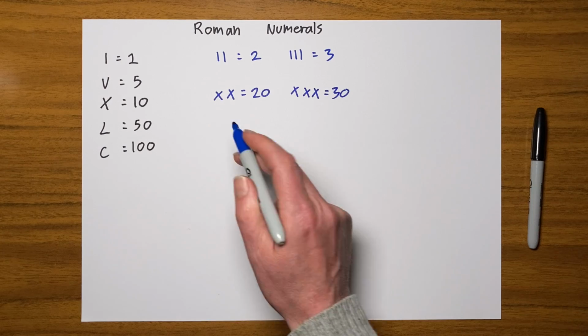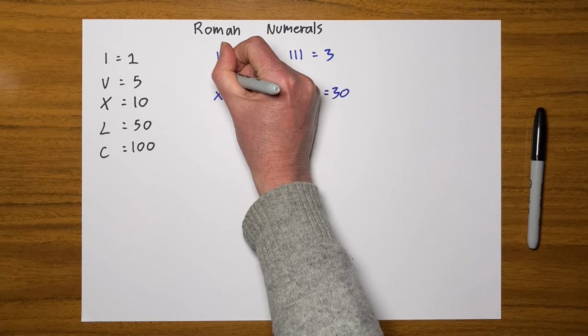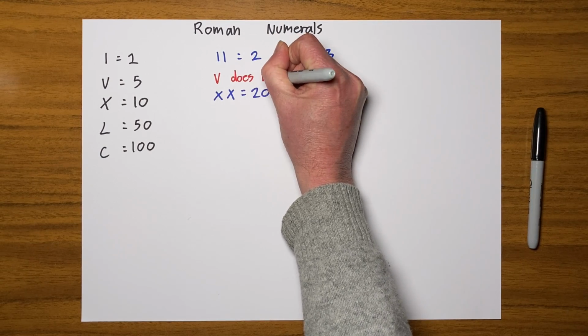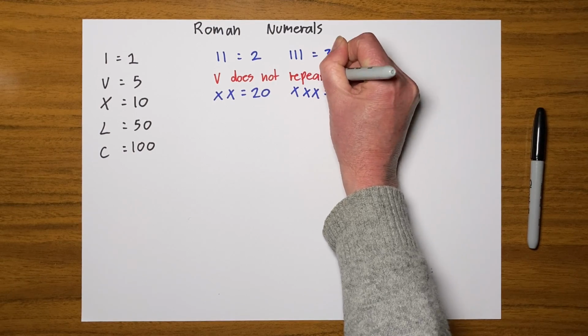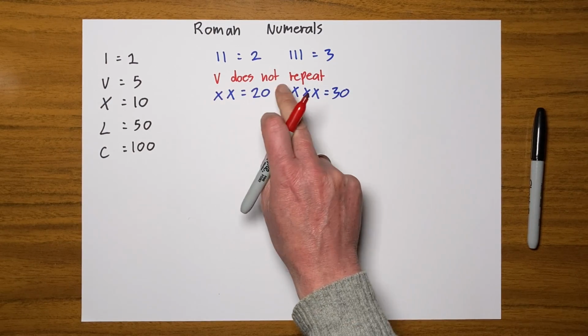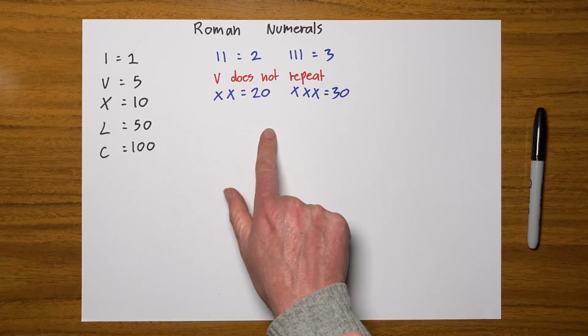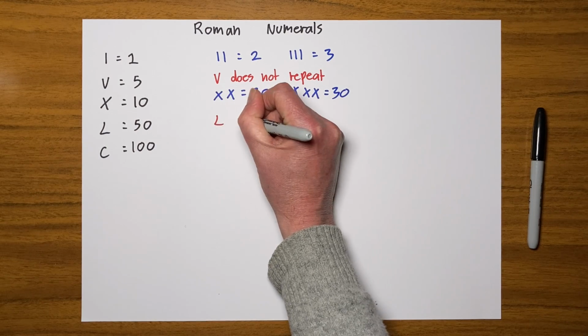V does not repeat, okay? So I'm going to write that in here. V for 5 does not repeat. So I can't start going V, V for 10, or V, V, V for 15. And it's exactly the same with L. L does not repeat.